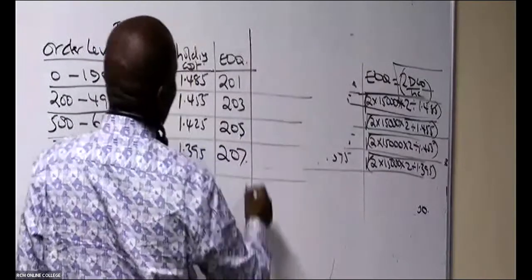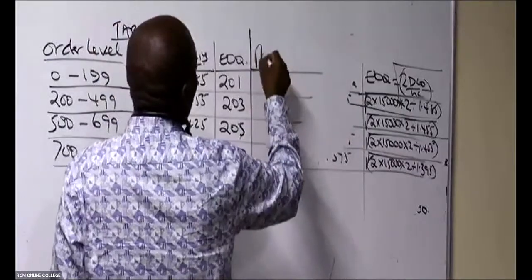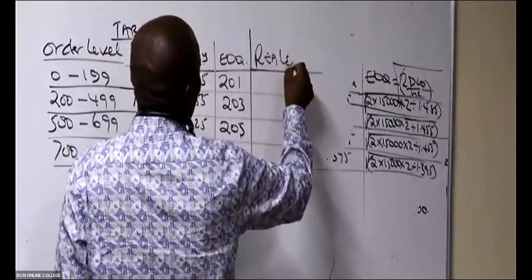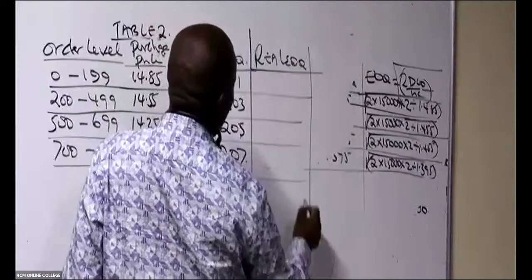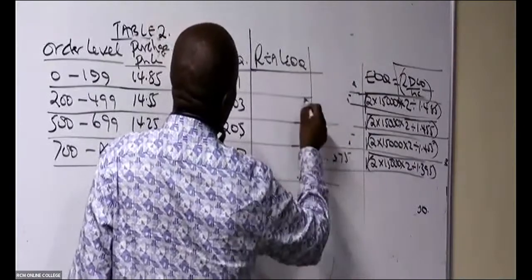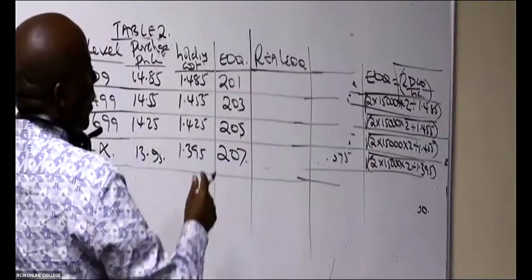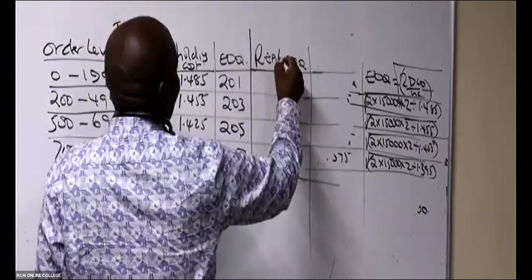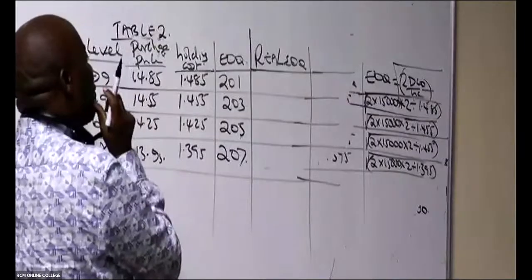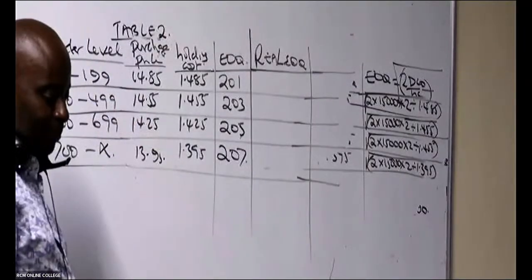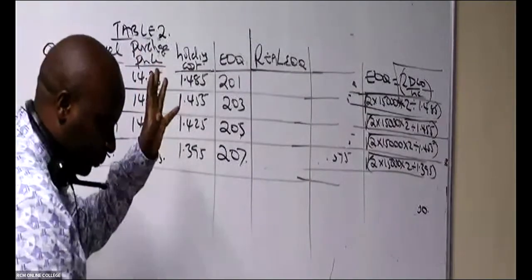Then create a column here for the real EOQ, the real economic order quantity. There are 3 conditions.